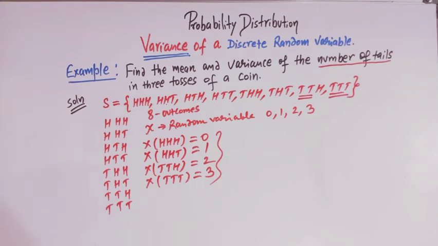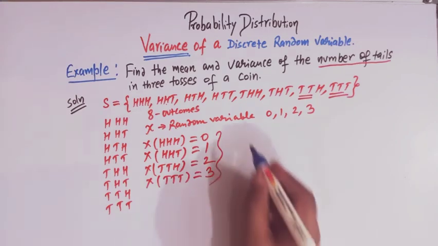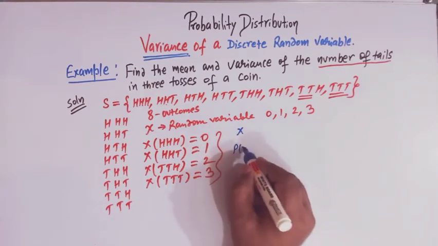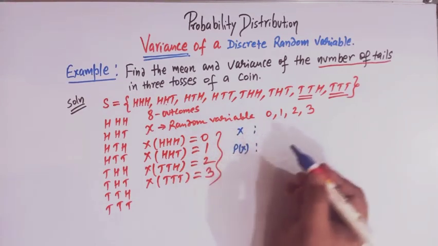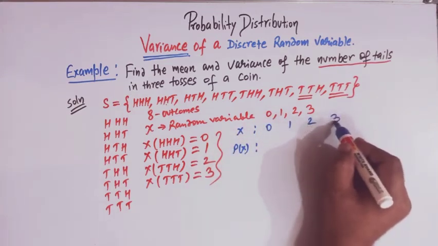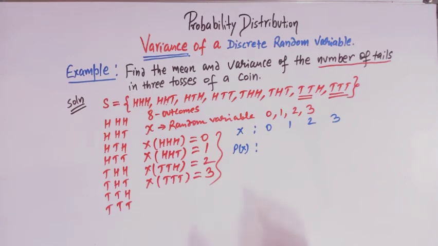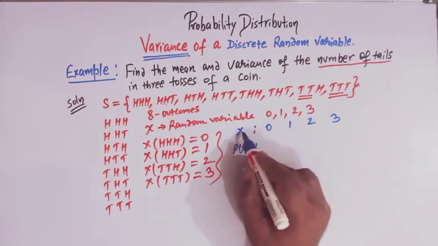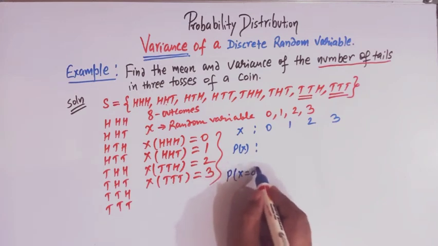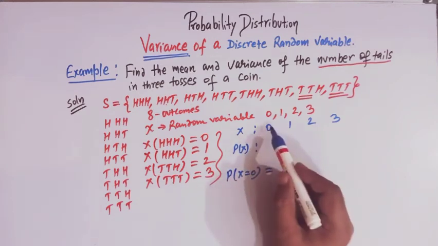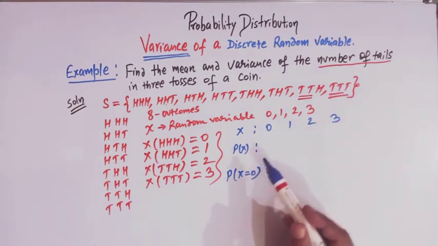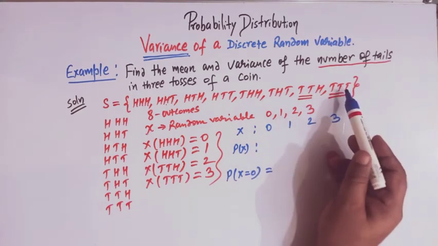Okay, so the probability distribution can be written as x, and here we have p of x, and here x takes the value 0, 1, 2 and 3, right? Okay, now here x equal to 0, it means we have to find the probability of no tail, right?